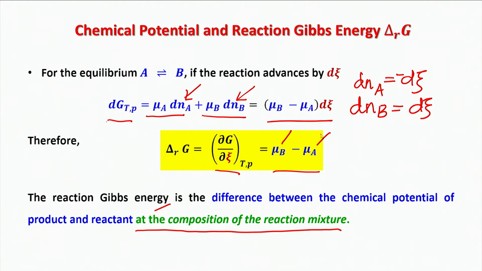And therefore, it is very important to mention that at a given temperature and pressure, at the composition of the reaction mixture, the reaction Gibbs energy is the difference between the chemical potential of the product and the reactant.